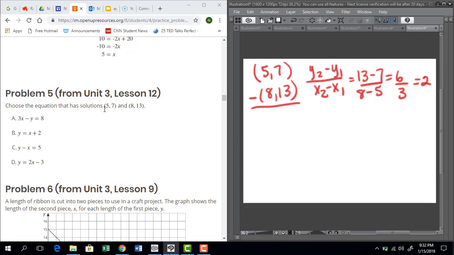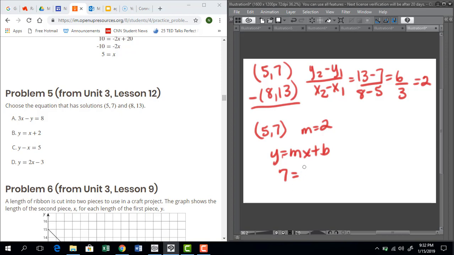To find my y-intercept, I pick one of these points, and I pick the slope, and I substitute it in. So I'm going to use the point (5, 7), and my slope is 2. And I'm going to plug that into y equals mx plus b. So every letter is going to be a number except b, because I'm solving for b. Y is going to be 7, because that's the value of y in my ordered pair.